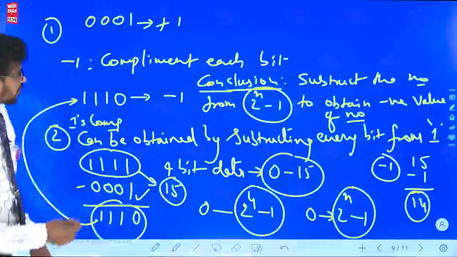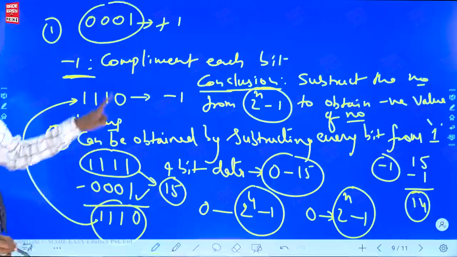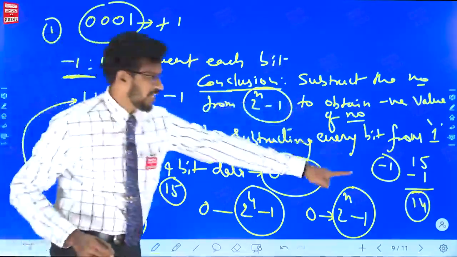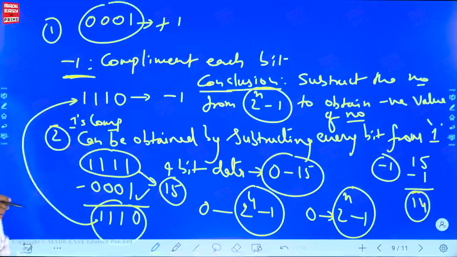So whichever number you want to find the negative value of, you just subtract the number from 15 if it is 4-bit data. Right. That is about 1's complement.